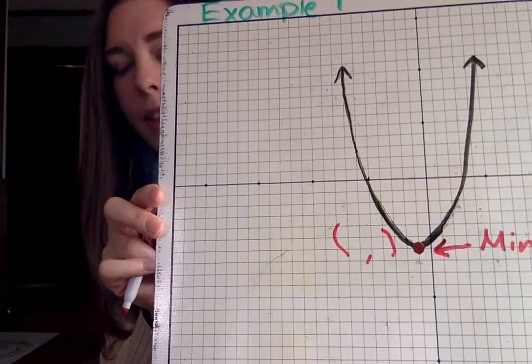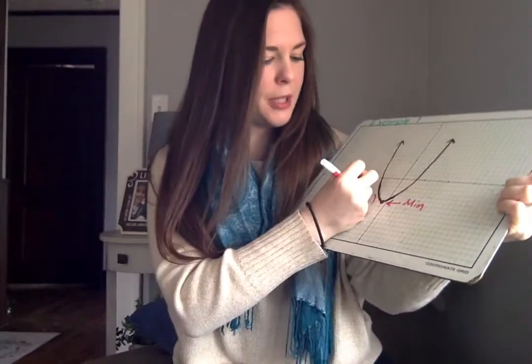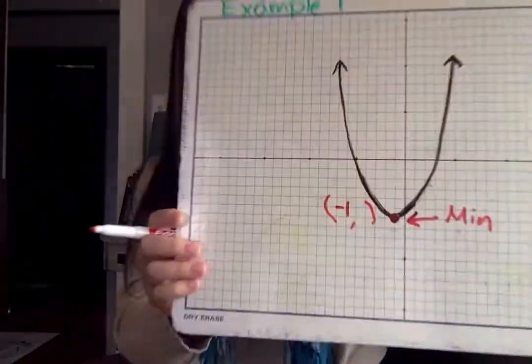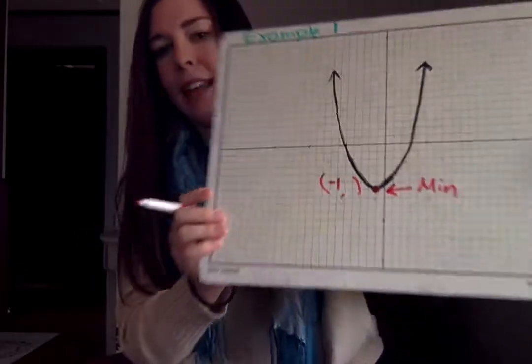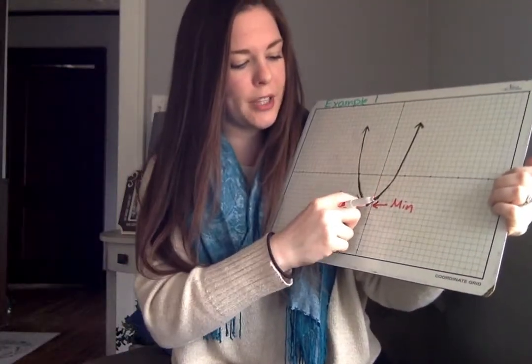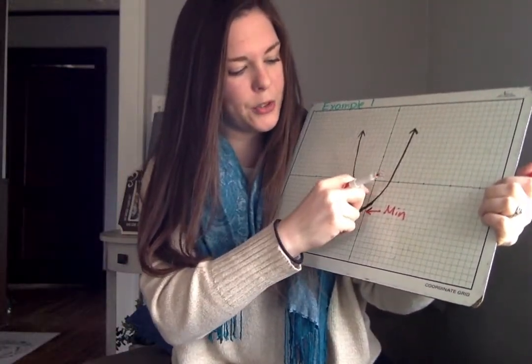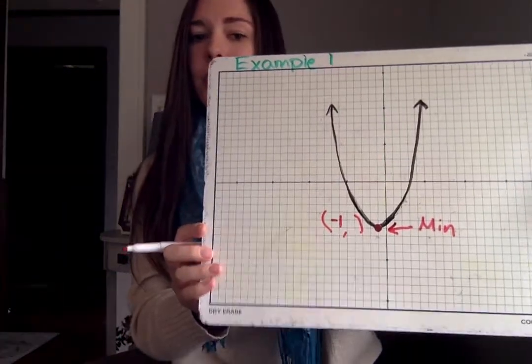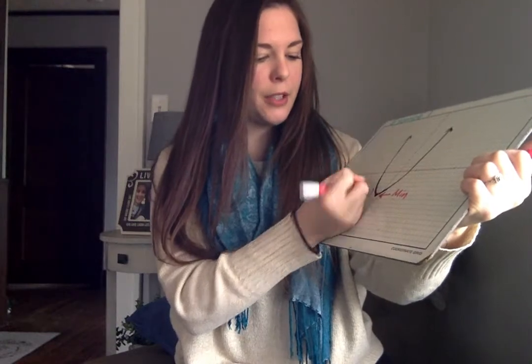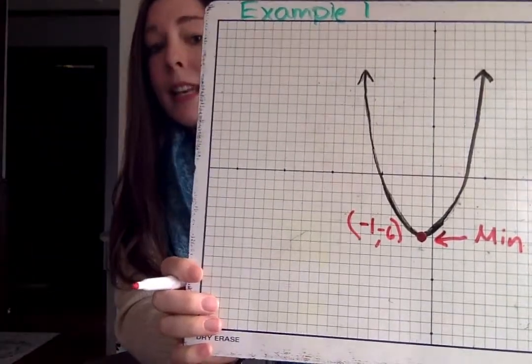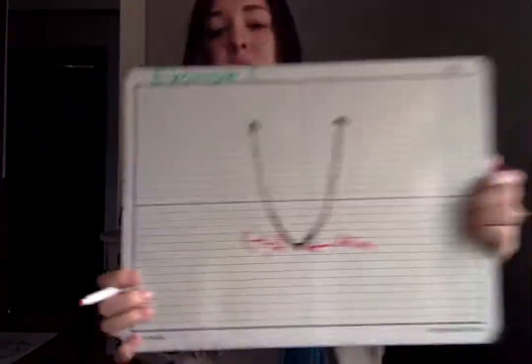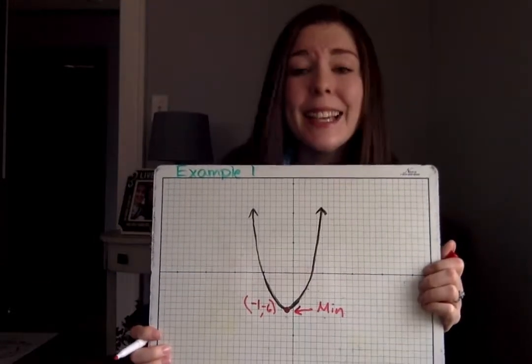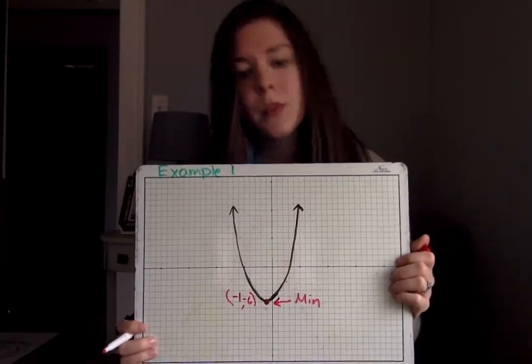Hopefully you guys can all see that. So our x value would be -1. And then our y value is also negative. We're going to see how far down we went: 1, 2, 3, 4, 5, 6, it looks like. So our vertex would be at the point -1, -6. Okay, so our vertex is a minimum and it has a specific location.